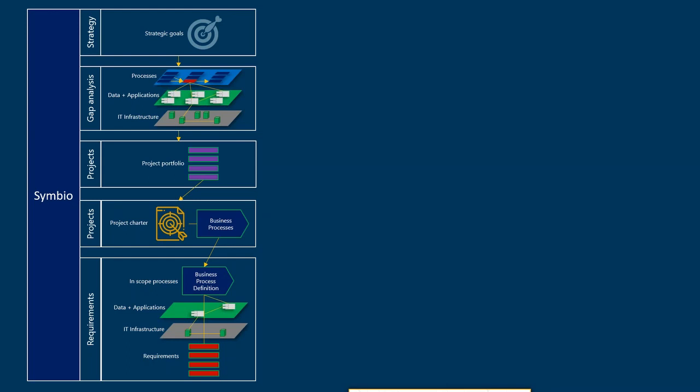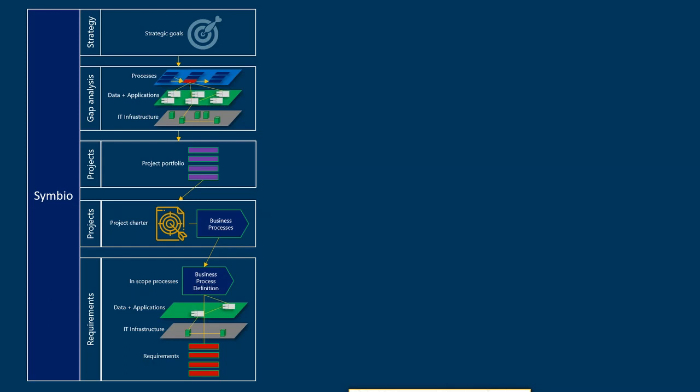Once you've got the in-scope business processes, you obviously know the in-scope data, you know the in-scope systems, you know the in-scope roles, and so forth. Then you get down to the process, and now you can start understanding the gaps in the process and where you have to optimize the process, which is supported by applications, data, IT, and you get your requirements. So there at the bottom, you see your requirements.